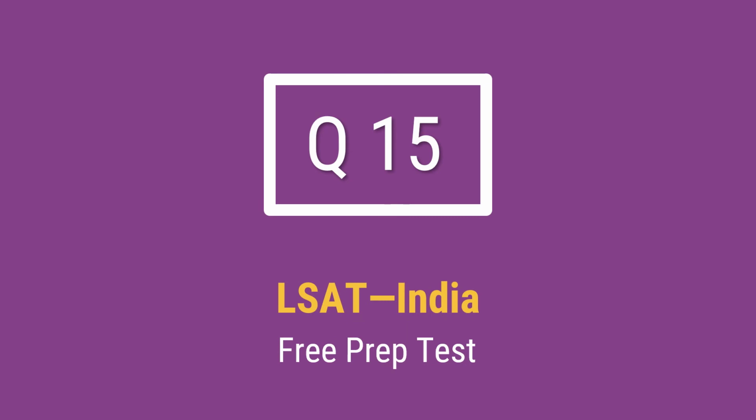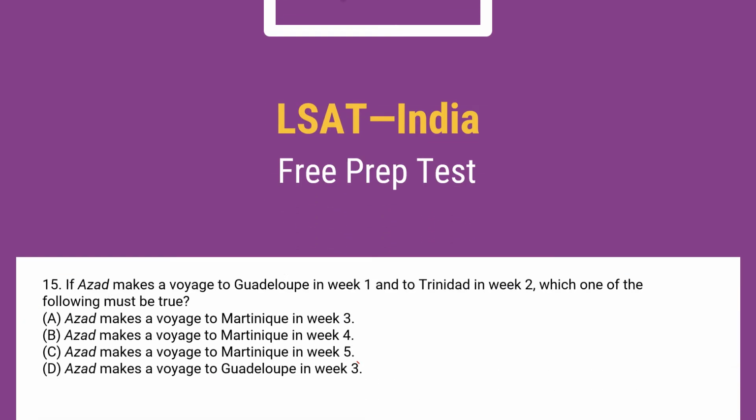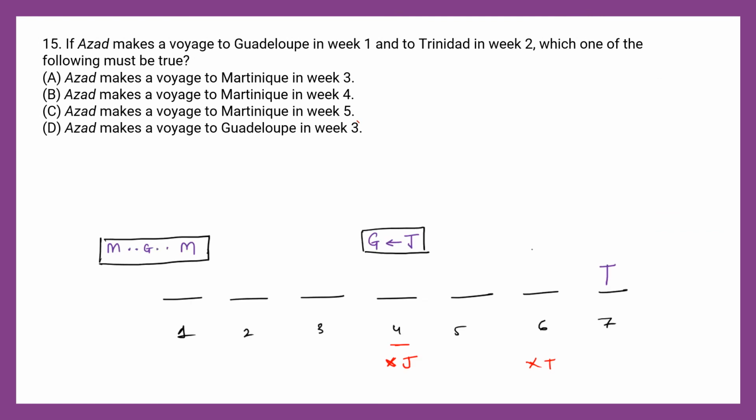Question number 15. Okay, it says that if A makes a voyage to G in week 1, let me just write that down. You have G in week 1 and T in week 2. Let me put that down too. Then which one of the following must be true?